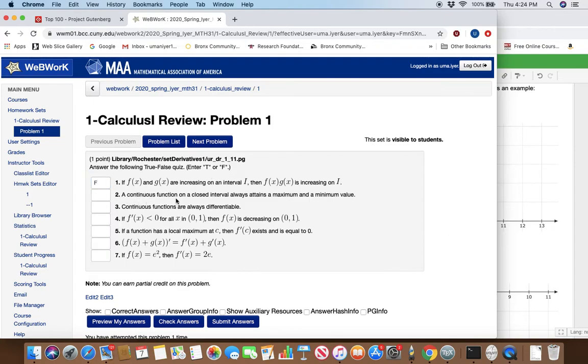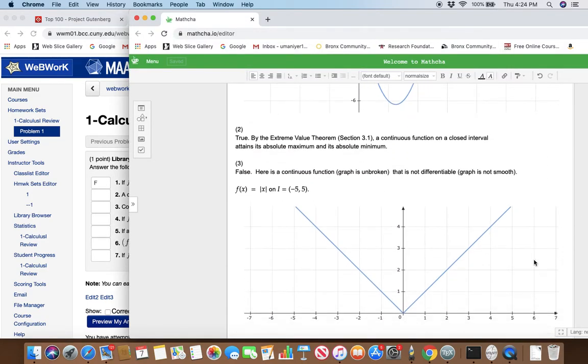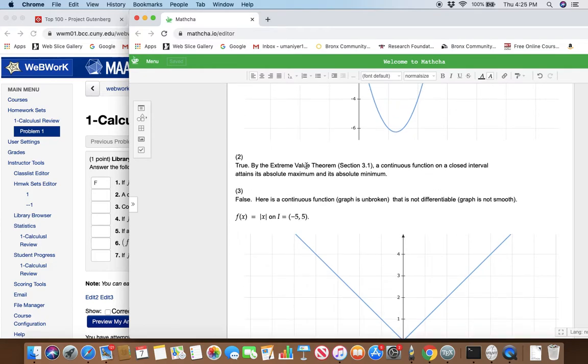A continuous function on a closed interval always attains a maximum and a minimum value. This is a true statement. Why? This is what we call the extreme value theorem, section 3.1. Go over the lectures on section 3.1.